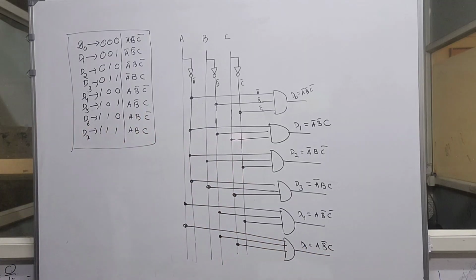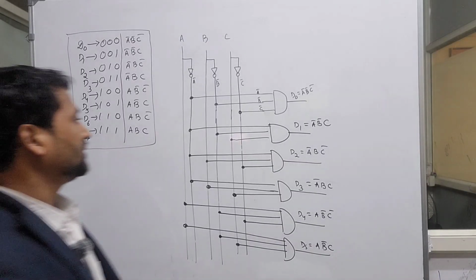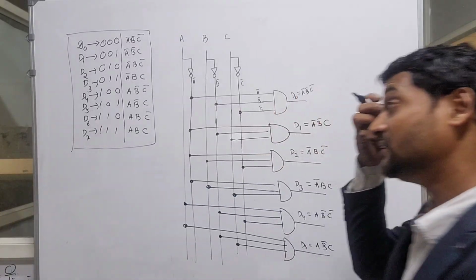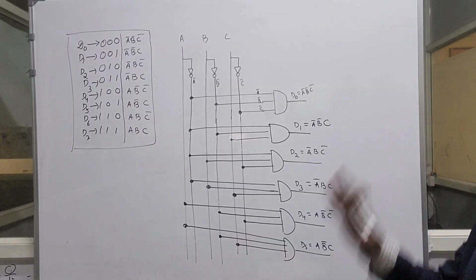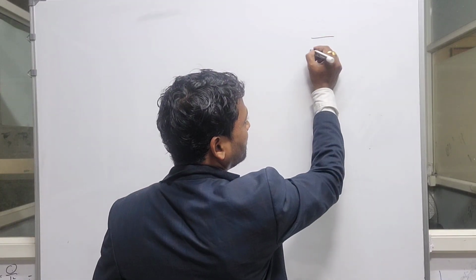Similarly, you can do for D6 and D7. Okay. So ये हो गया the design of 3x8 decoder circuit. Hope it is clear. Now we'll design a 2x4 decoder circuit by using a NAND gate. मतलब we'll design 2x4 decoder circuit by using NAND gate. NAND gate पता होगा आपको.